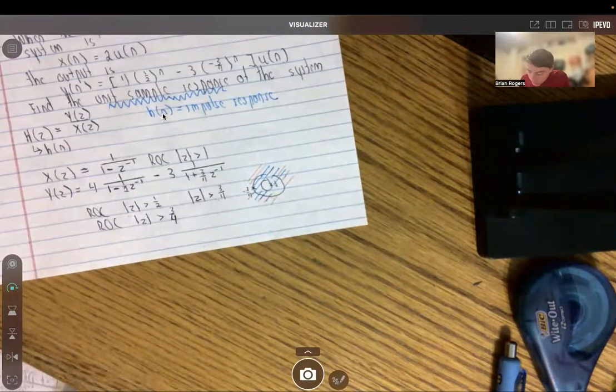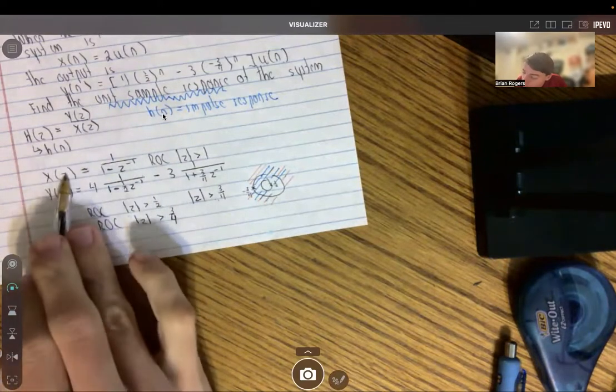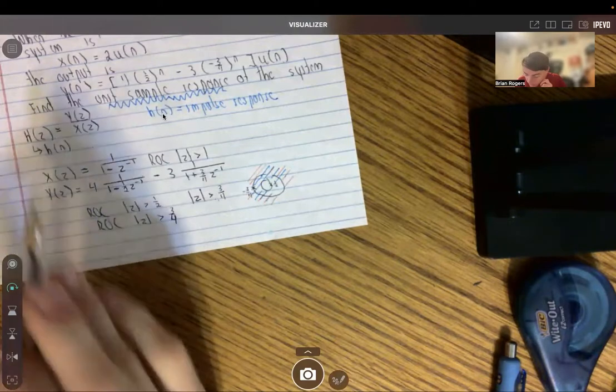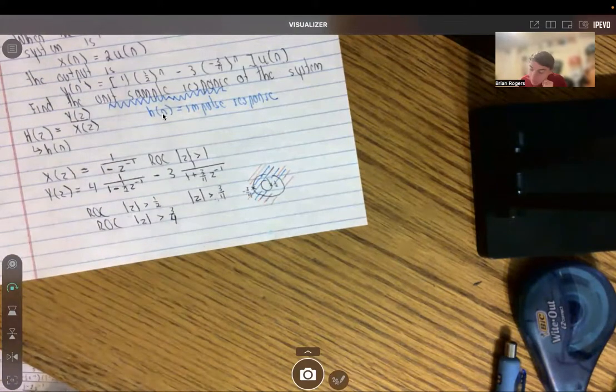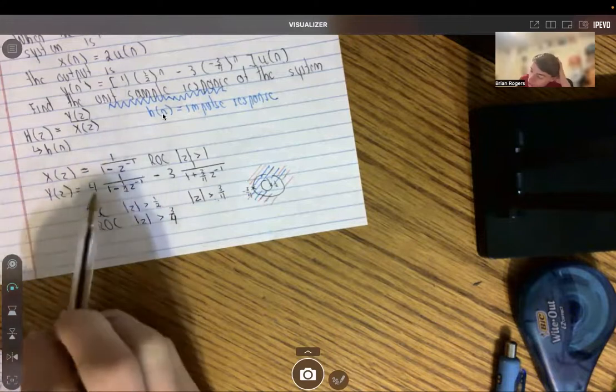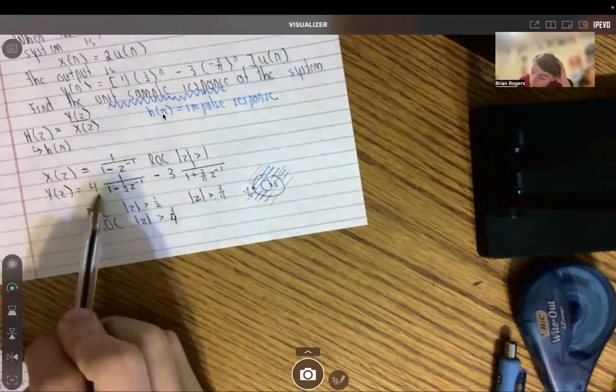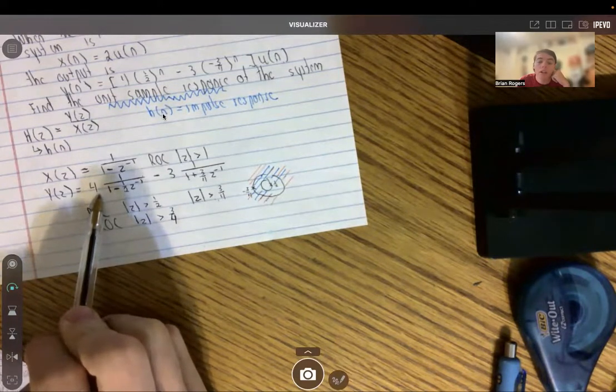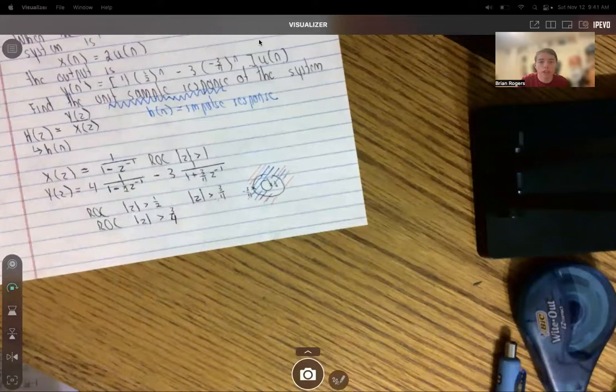Now that we have that, we need to find our H of z. So we found our Y of z and we found our X of z. And that's great. But when we do that, we just want to simplify and get a common denominator for Y of z.